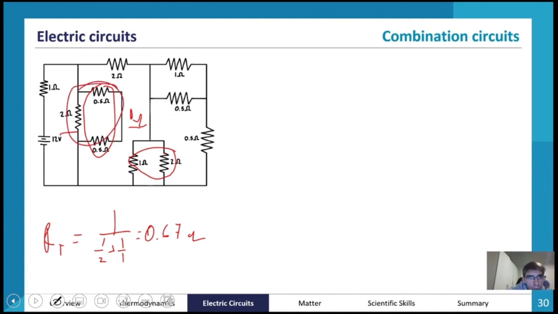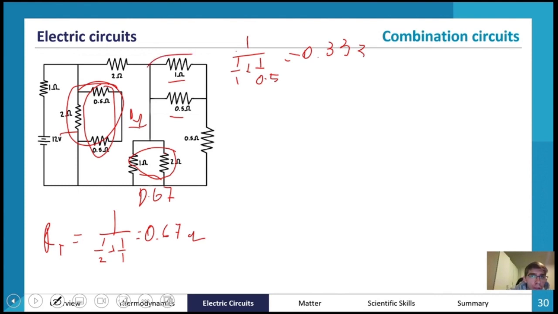This one should be the same, 0.67, because we are mimicking basically the same parallel circuit. The two here are parallel to one another, so that would be 1 on 1 plus 1 on 0.5. That would be 1 on 3, in other words 0.33.